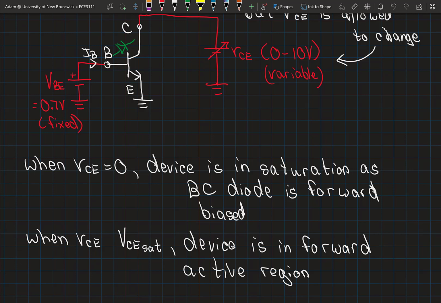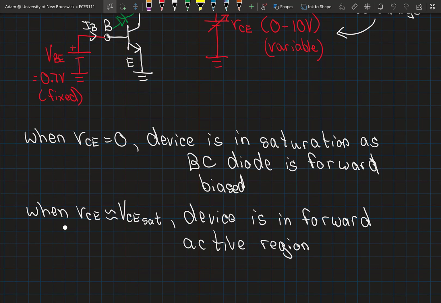Let's say approximately here, so this is just kind of the boundary. This device is in the forward active region, and this is because this base to collector diode becomes reverse biased.